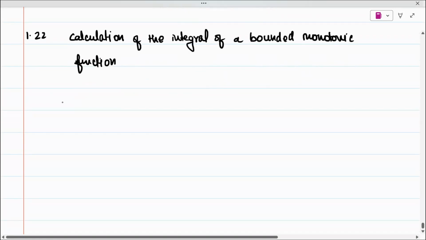So we just state this theorem first. Assume f is increasing on the closed interval.